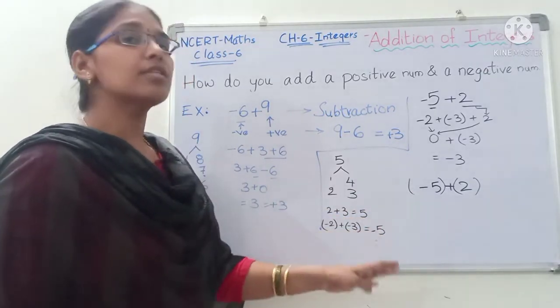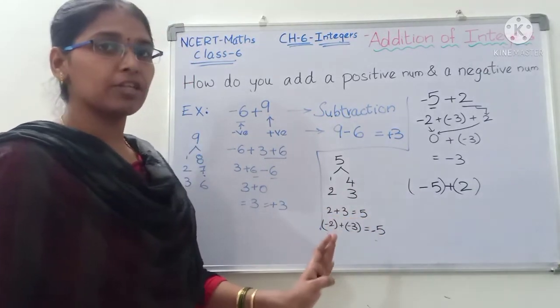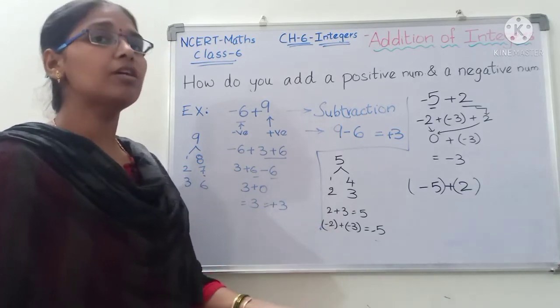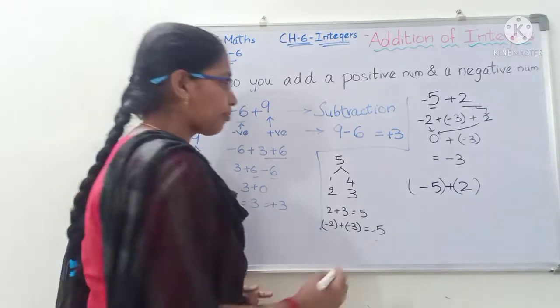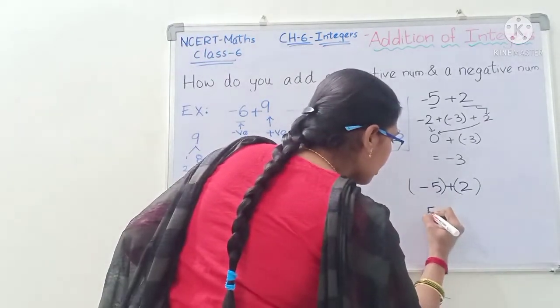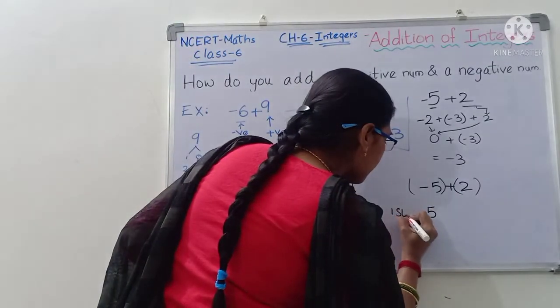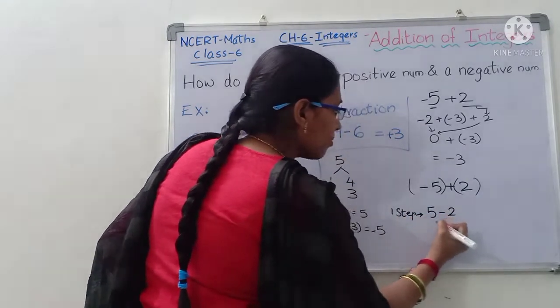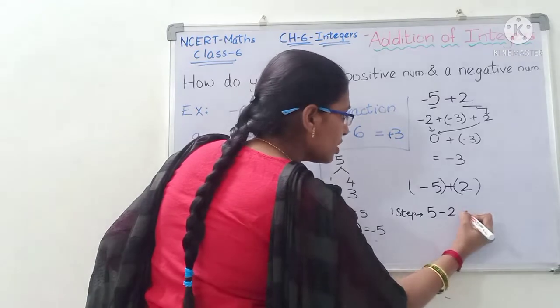In that case, you should just do subtraction. How should you subtract? You should subtract the smaller number from the bigger number. Here the big number is 5. So first step, you should subtract the smaller number from the big number. 5 minus 2 is 3.